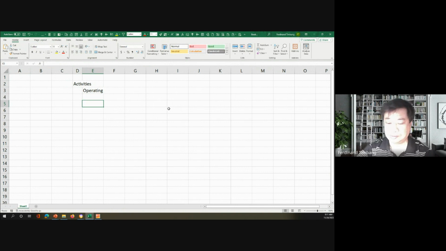Then the other one is financing. And the other one is investing, no? Ang baliktad pa yung investing. So, practically, yan yung part ng statement of cash flow, no?